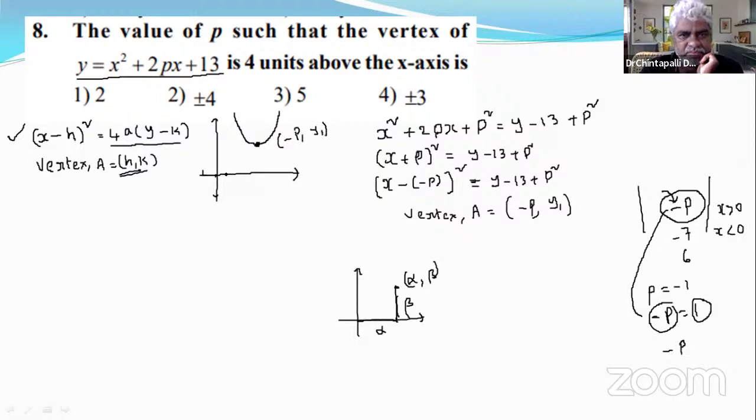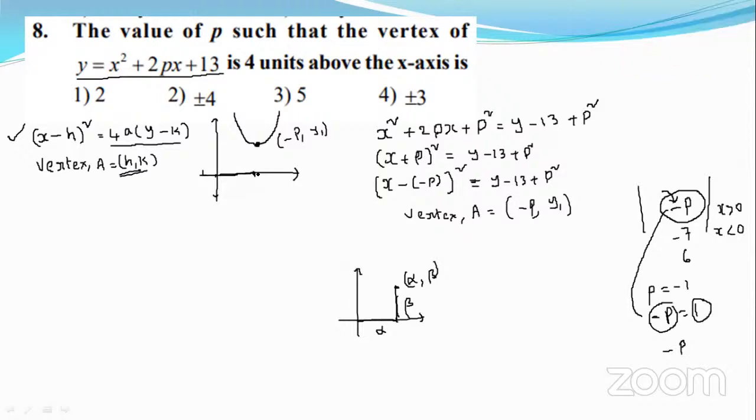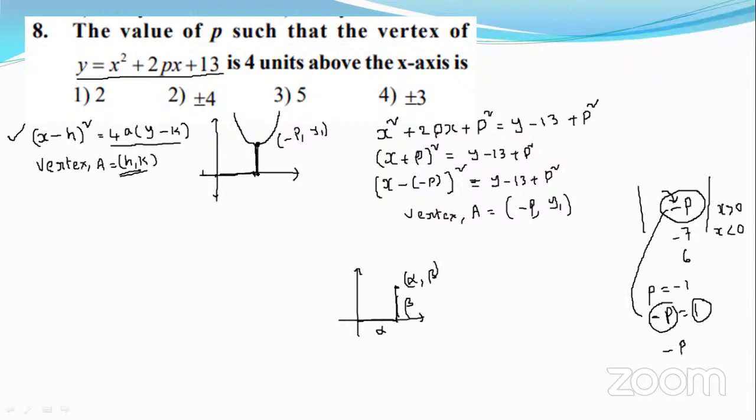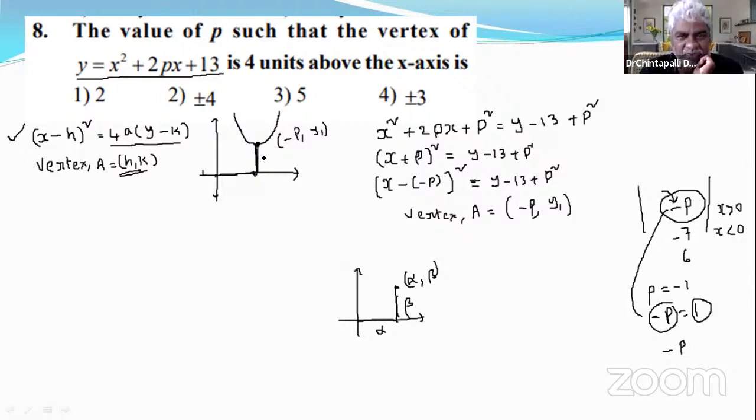That means what is this distance? Negative p. What about this distance? It's y1, right? But to avoid this confusion, it is very clear in the problem it is given.